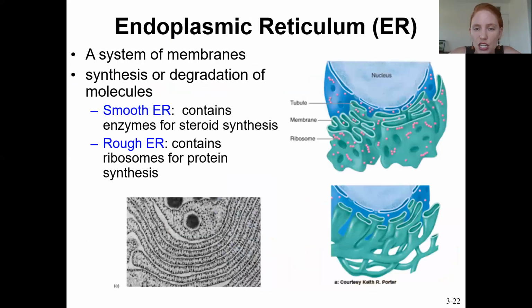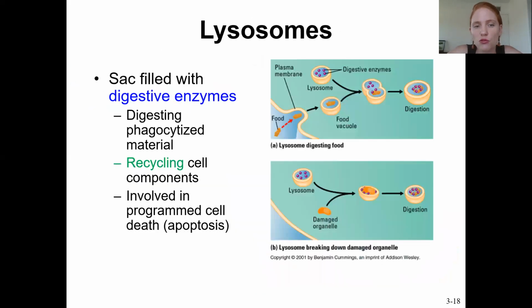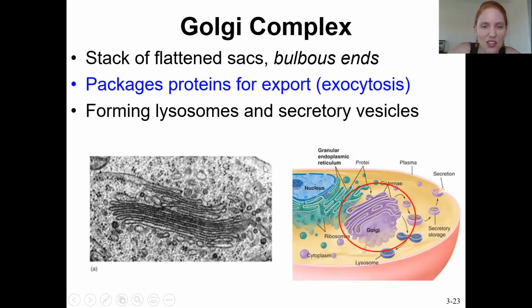One strategy is that because of those vesicles at the ends, the Golgi complex will always be shown, even on models, with that nice bulbous end, okay?